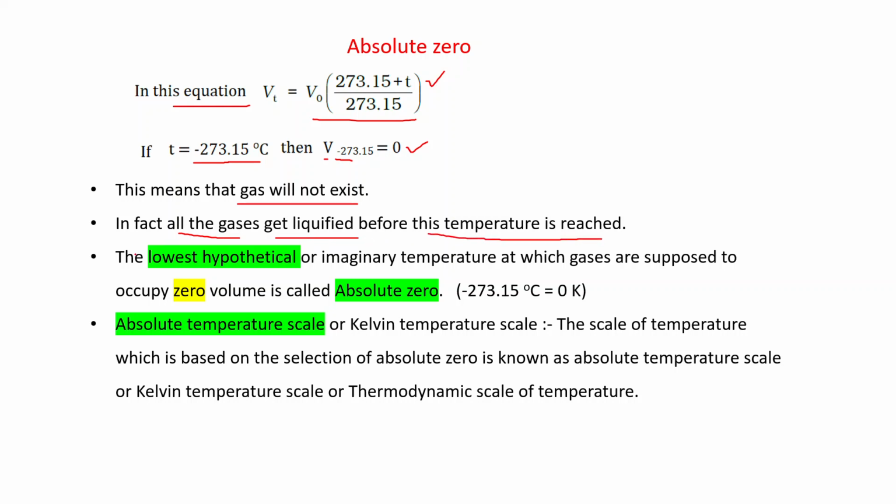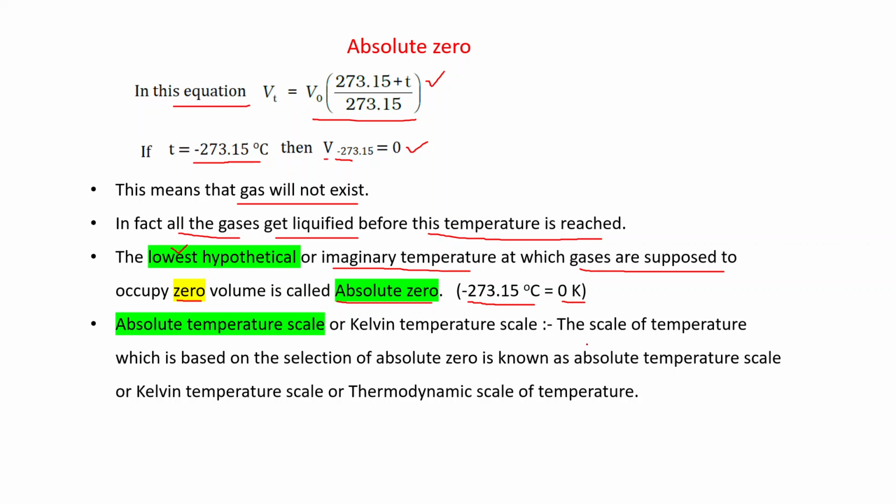That's why we can say the lowest hypothetical or imaginary temperature at which gases are supposed to occupy zero volume is called absolute zero. And this is 0 Kelvin, equal to minus 273.15 degrees Celsius.